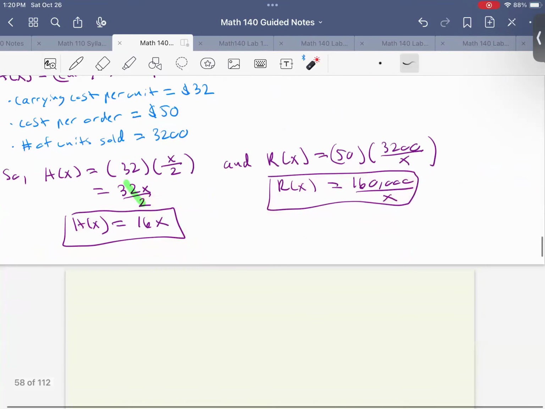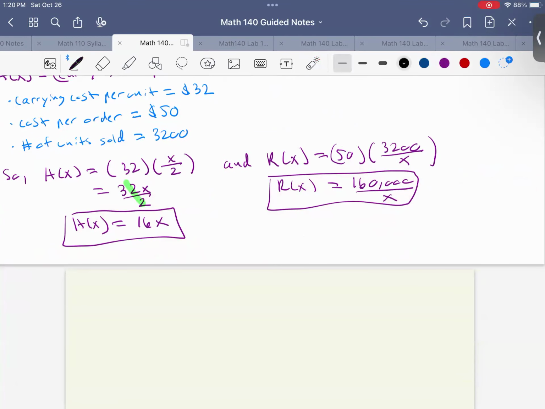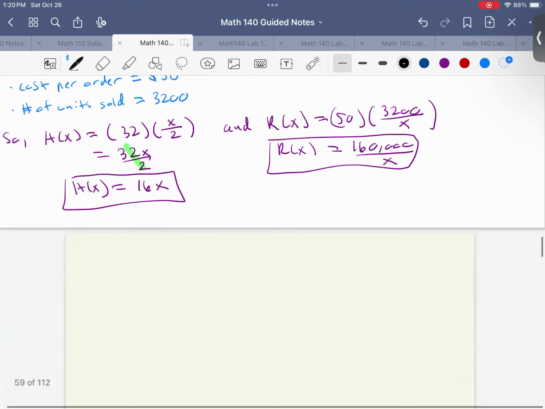So let's go ahead and write that out. Excuse me, I have to make another page here, running out of room.